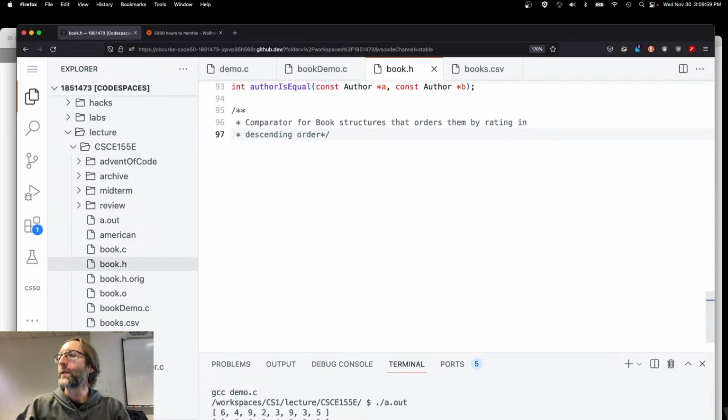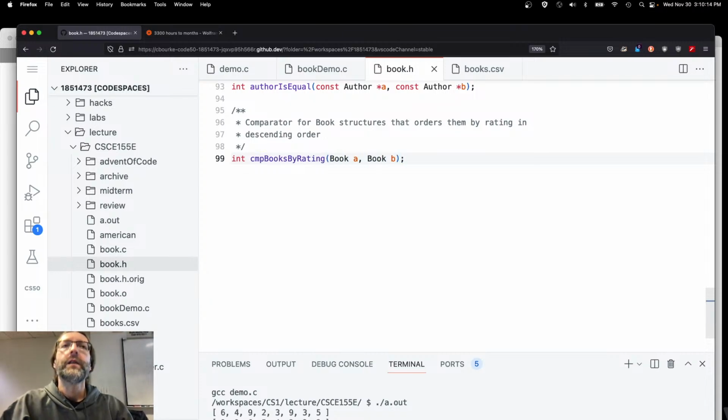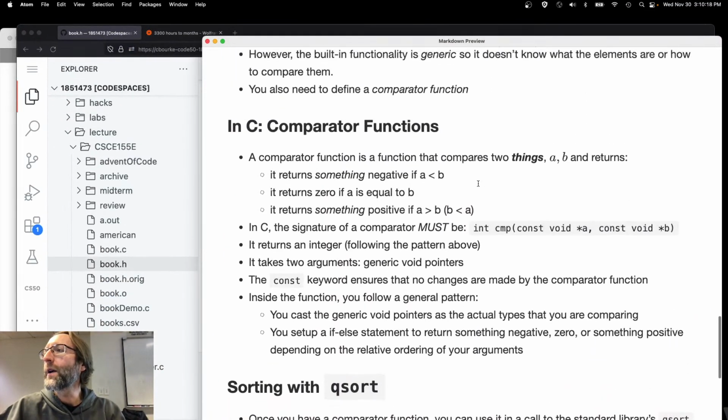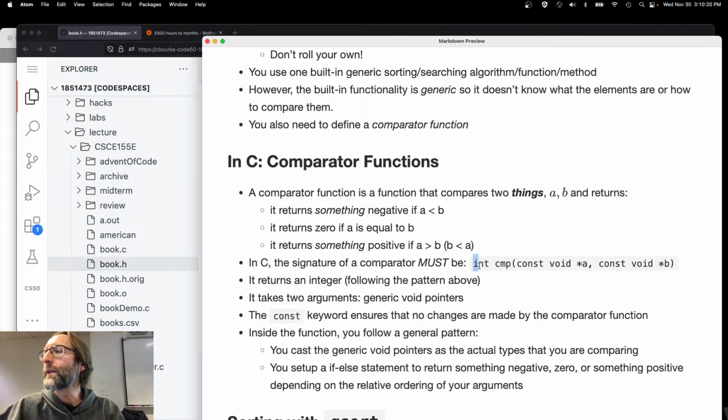Right. Well, if it's for books, then I should call it cmp books by rating. Compare books by rating. And I should take two books, book A and book B. Is that a comparator? Nope. It is only a comparator if and only if it follows this signature right here.